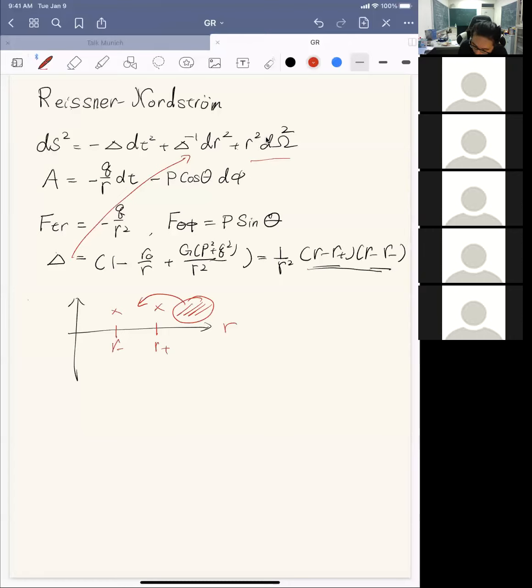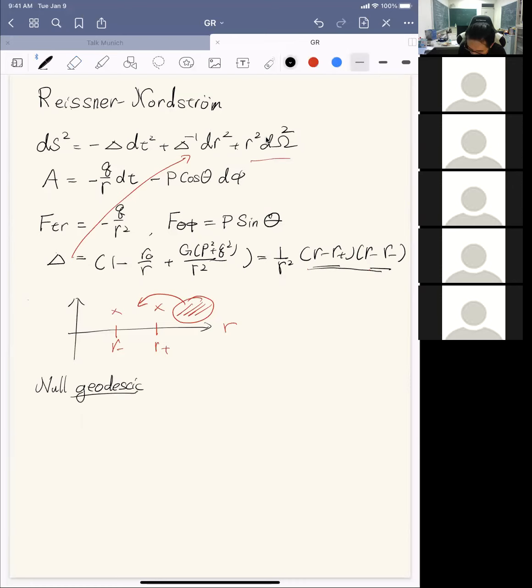If you remember, we're going to do the Eddington-Finkelstein coordinate. And how do we get the Eddington-Finkelstein coordinate? Let's consider null geodesics.